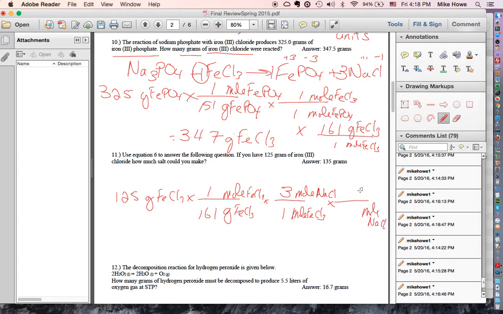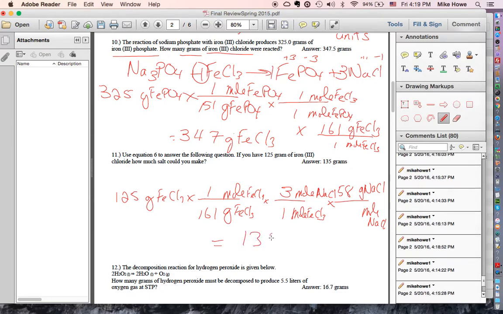We're going to put grams of NaCl on top. And that's 58.5 or just 58 grams. So now doing the math, you have 125 times 1 times 3 times 58. Then I would divide that number, which was 21,750, by 161. I get 135. And that's what I said the answer was.